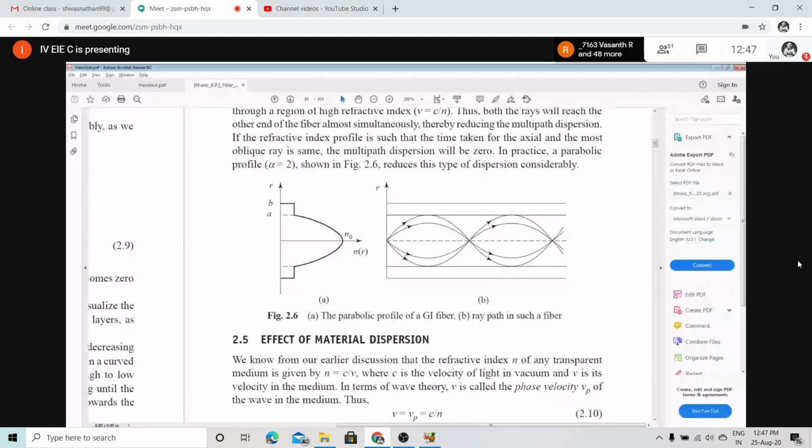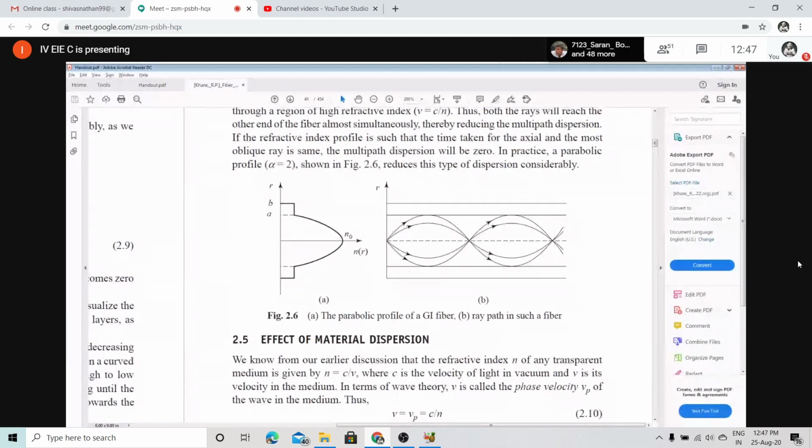So far we have covered what optical fiber is, the advantages of optical fiber, and the basic laws that govern the propagation of light with respect to ray optics. We have seen the fundamental laws based on ray optics, and certain definitions: numerical aperture, acceptance angle, critical angle.